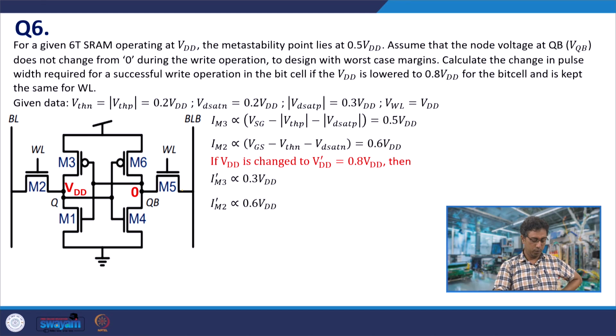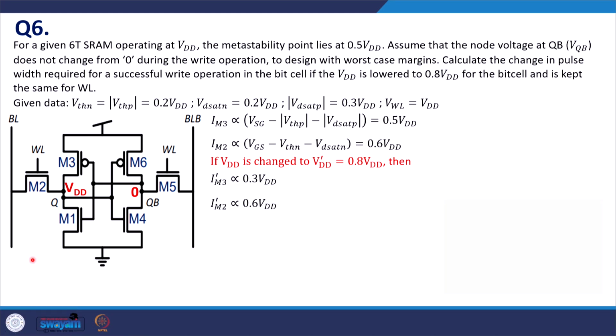So, how would you solve the problem? First, estimate the value of current IM3. So, from these values we get that it is now proportional to 0.5 VDD, and IM2 similarly is proportional to 0.6 VDD for nominal voltage. Now, VDD is changed. Using a similar approach, we would find that IM3 is now proportional to this and IM2 is proportional to this.